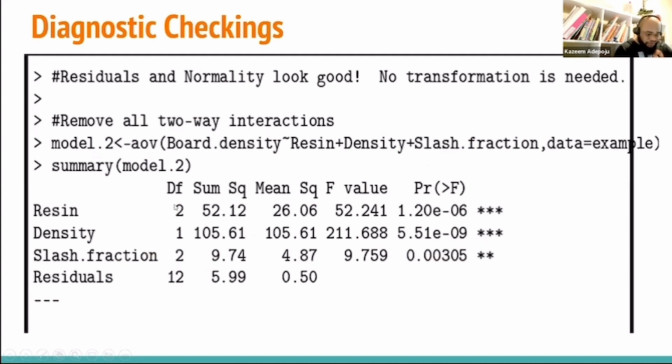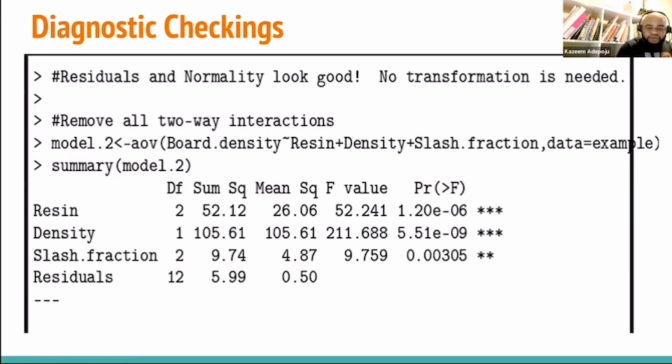So what is this suggesting to me? This is suggesting that this is what I should focus on. Okay, so that is just the model strategy.